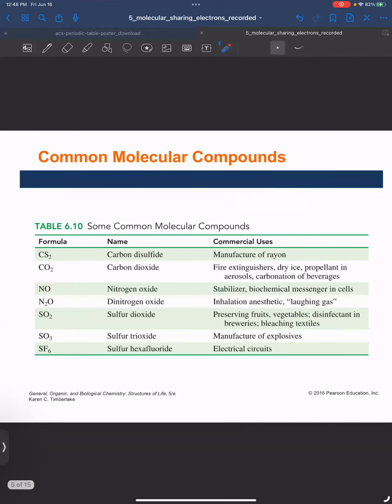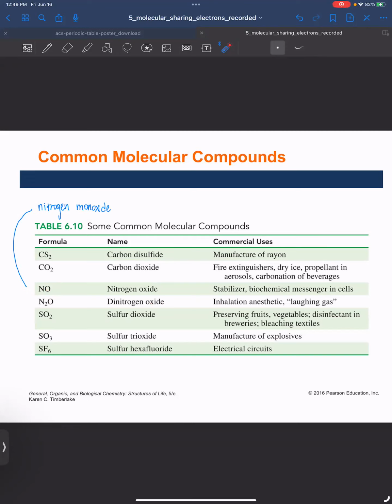So here are some common molecular compounds. For example, nitrogen oxide here actually technically should be nitrogen monoxide. So let me write that up here. So this would be nitrogen and then monoxide with that prefix.